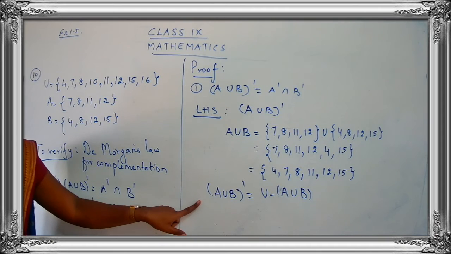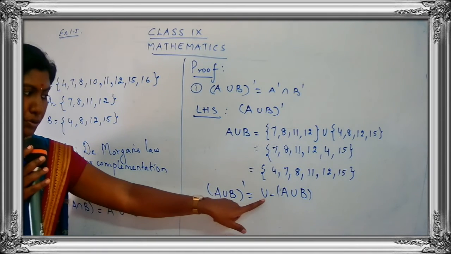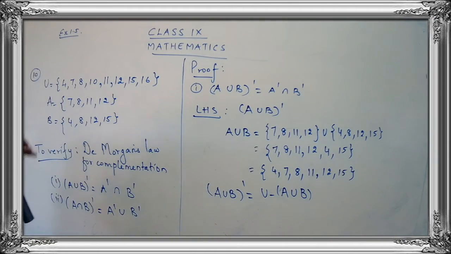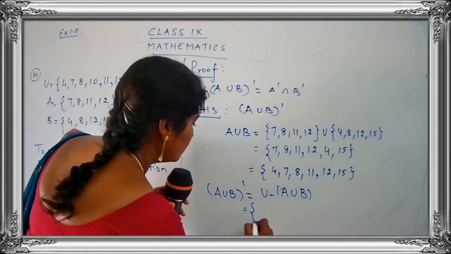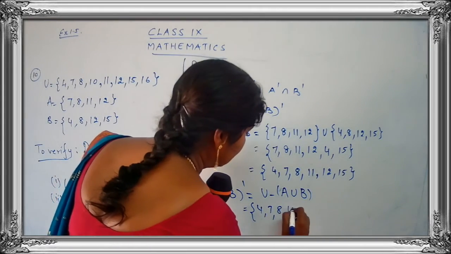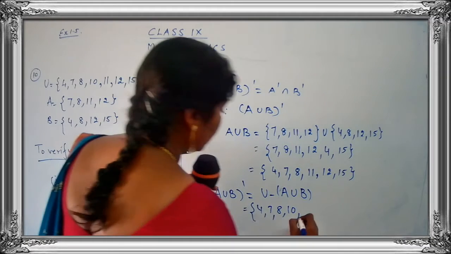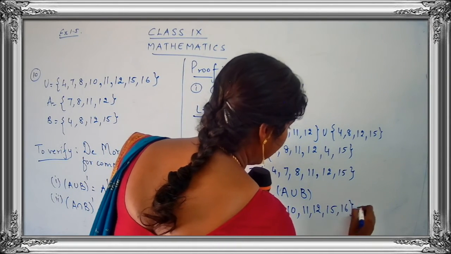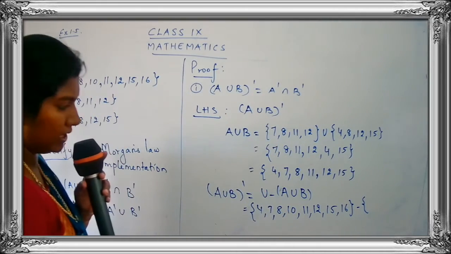Okay, (A union B)' is equal to U minus (A union B). I'll write the universal set: 4, 7, 8, 10, 11, 12, 15, 16 minus, what is A union B?